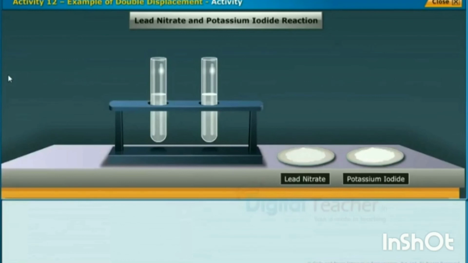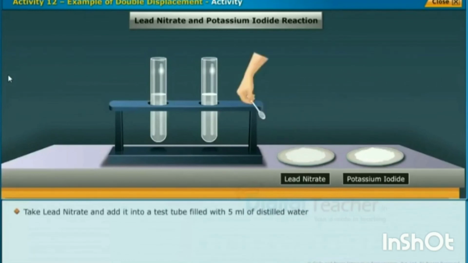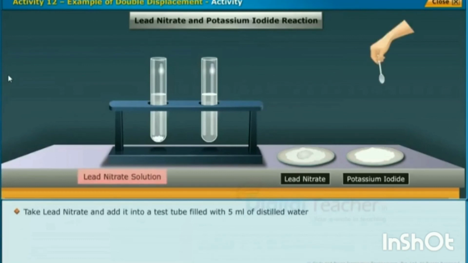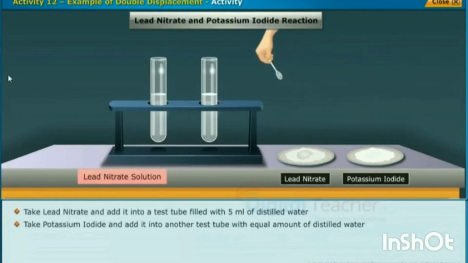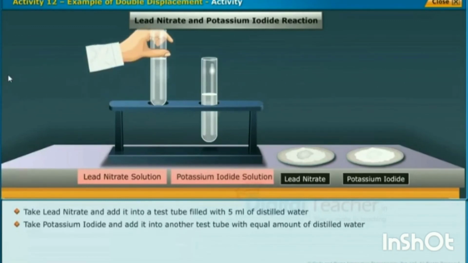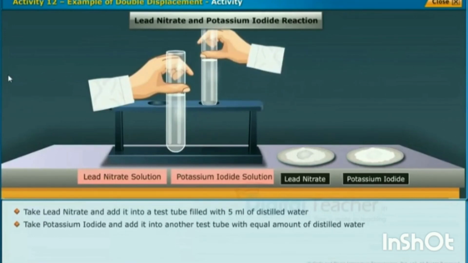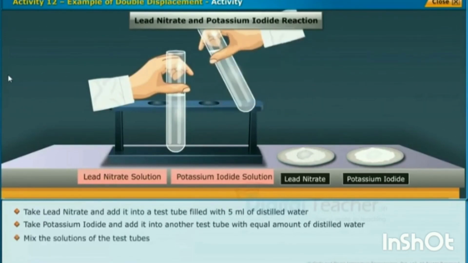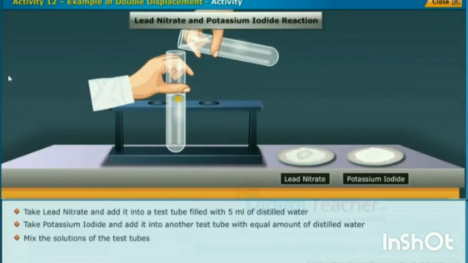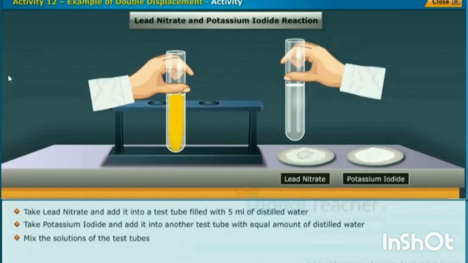So to understand double displacement reaction, we take lead nitrate and add it into a test tube filled with 5 ml of distilled water, and in another test tube we take potassium iodide and again add 5 ml of distilled water in that test tube. As we can observe, both these solutions are colorless. Then we mix both the solutions and we observe a yellow color precipitate.